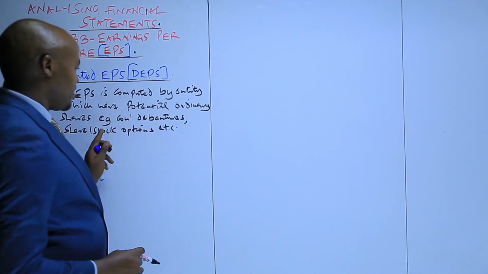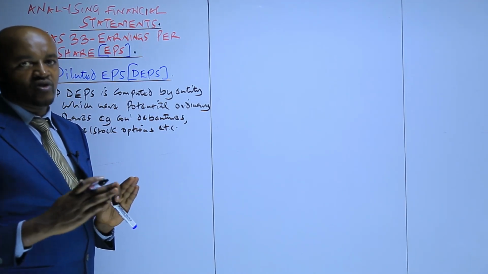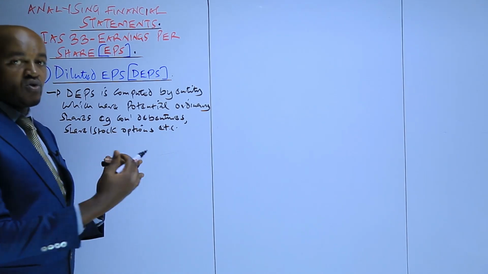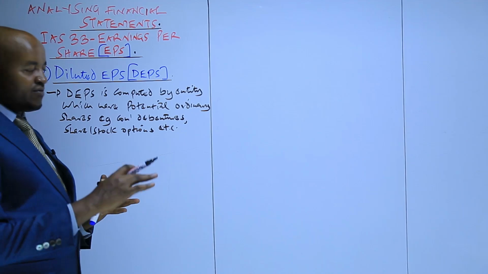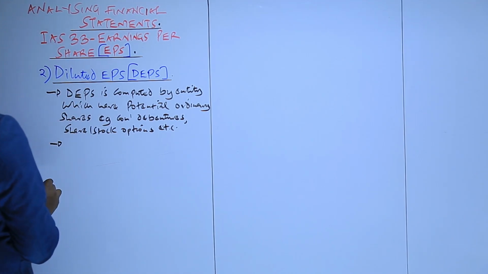once these potential ordinary shares are converted into ordinary shares, the interest of the original shareholders will be diluted. That's why it is a requirement by IAS 33 for these companies to compute the diluted earnings per share.